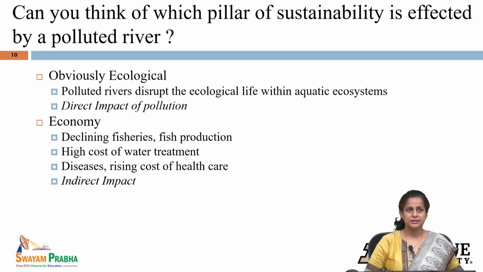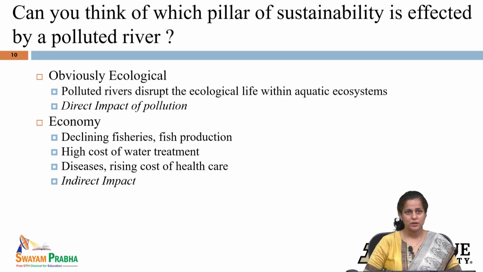The next is economy, of course, because when the fisheries are declining, the fish production is also declining. That leads to lower production of fish, which is a contribution to the economy in terms of food production. It affects the livelihood of local fishermen who are living along the coast, and that leads to declined economic productivity in that region.